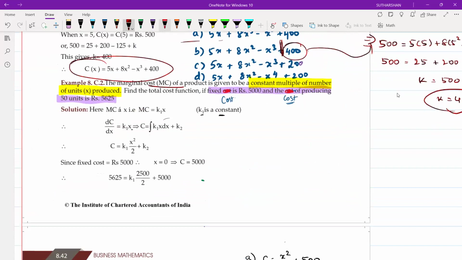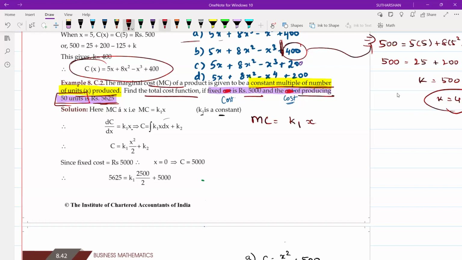The marginal cost of a product is given as a constant multiplier of the number of units x produced. Total cost is given, fixed cost is given. The total cost of producing 50 units is 5625, they have given. So what will we do? First, the constant multiplier of the number function is given. So marginal cost is equal to a constant multiplier of the x value.